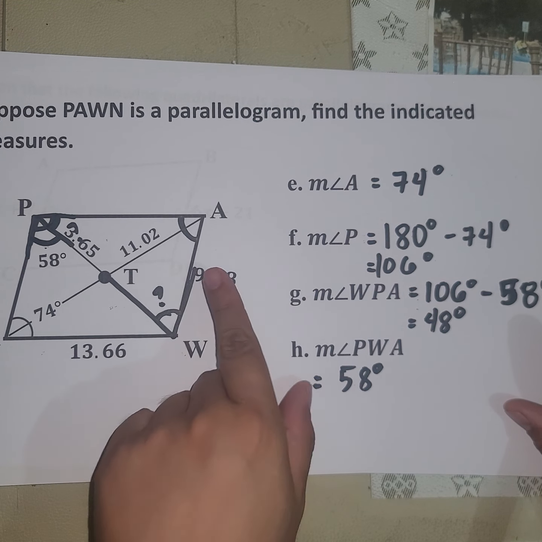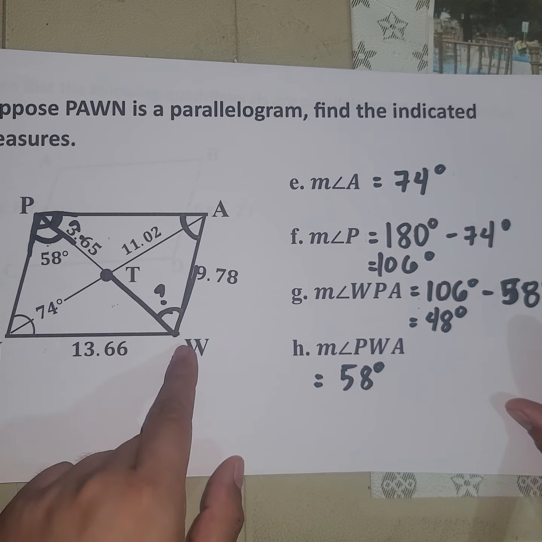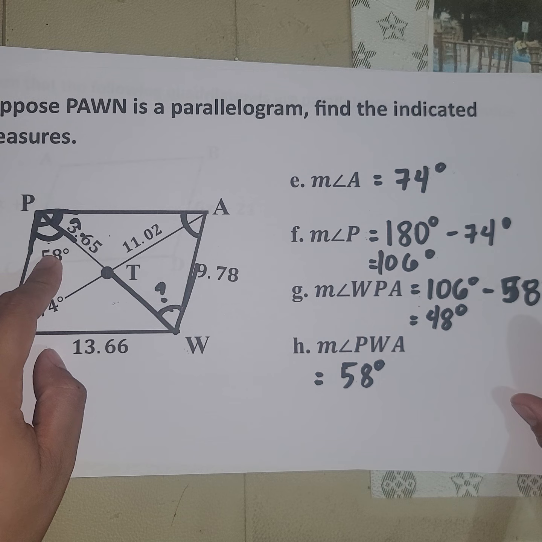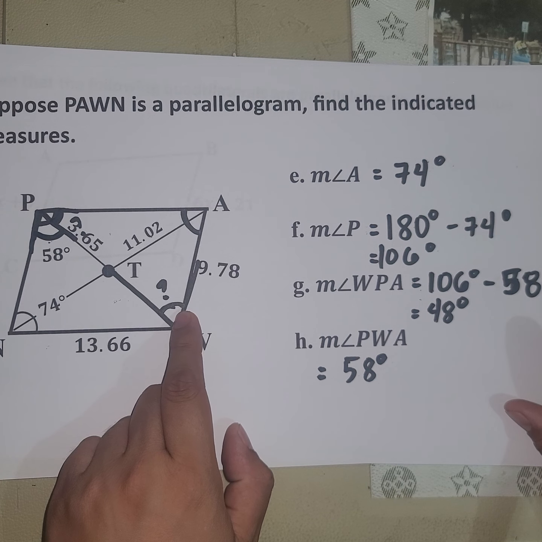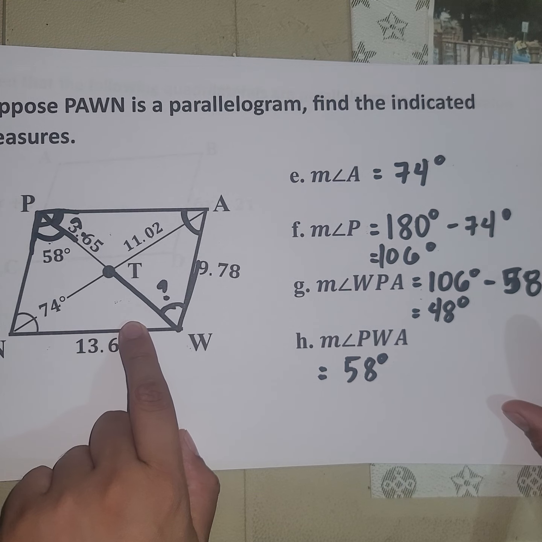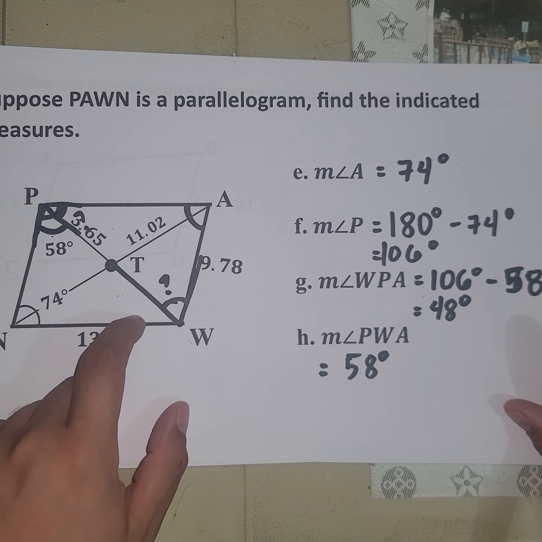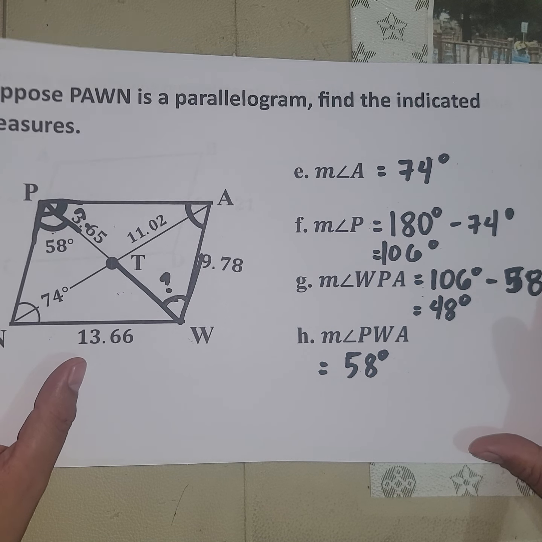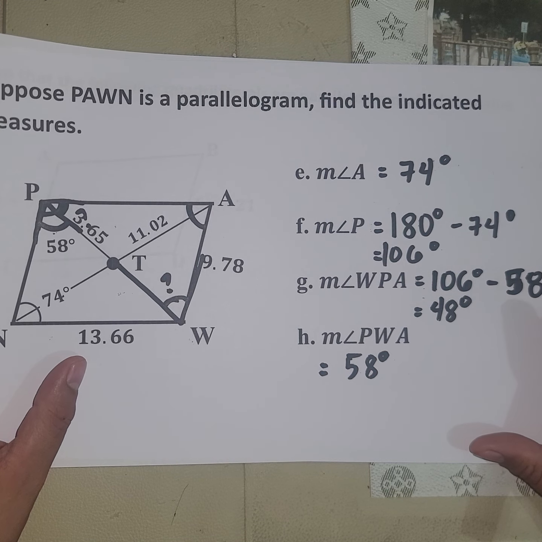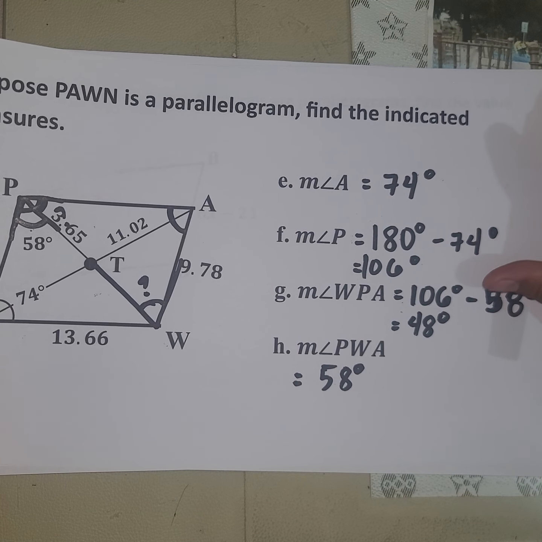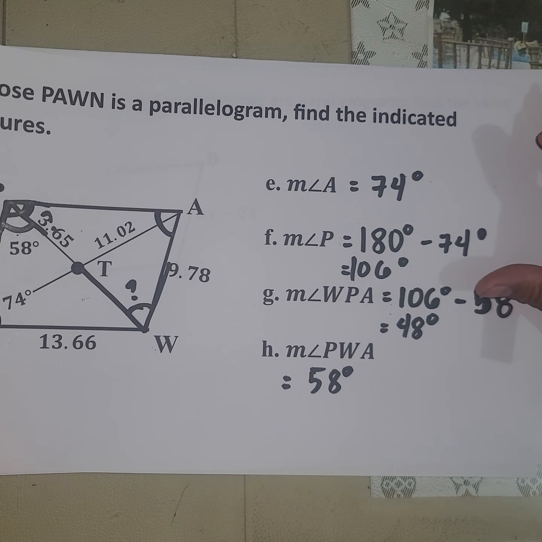The measurement here is 58 degrees. If this one is 48 degrees, this portion is also 48 degrees. So, that is finding the missing measurements in a parallelogram by applying all the theorems of parallelogram.